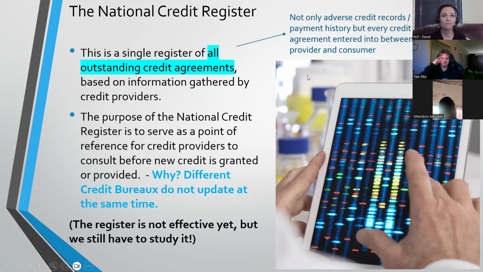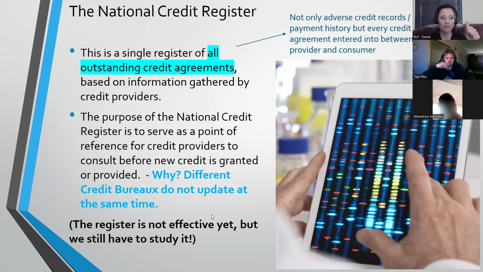So basically, the National Credit Register will be a single register of all outstanding credit agreements. The reason I put that part in blue is that they try to confuse you tomorrow. They say that the National Credit Register keeps a record of only adverse credit, or only poor payment history, which is not true.